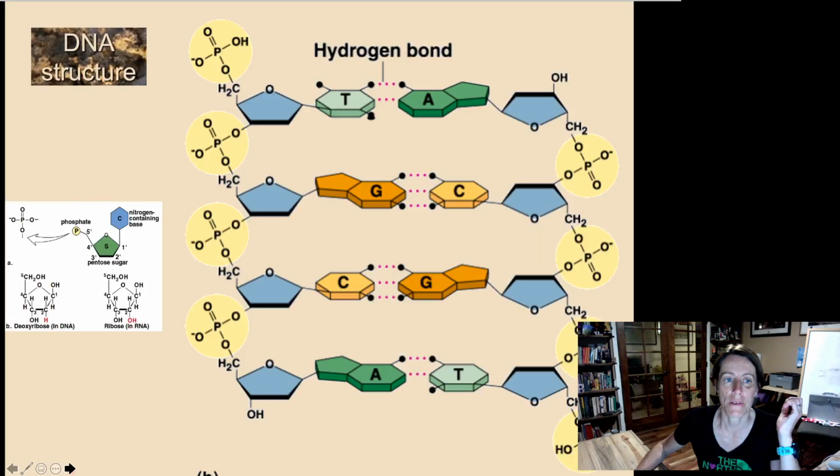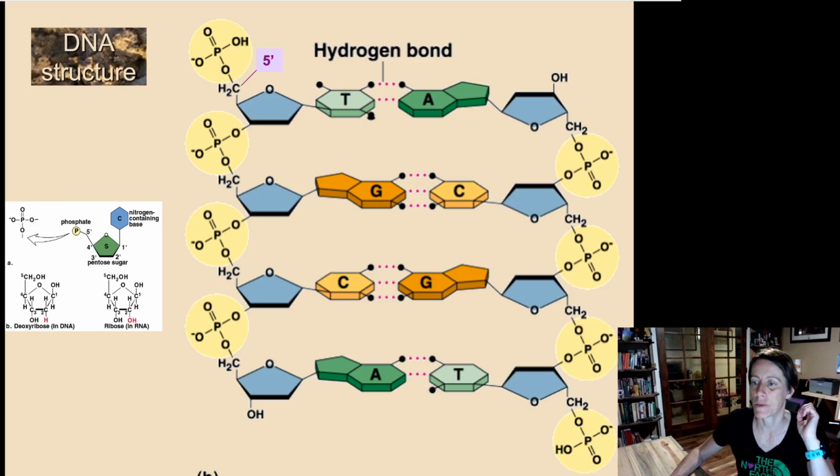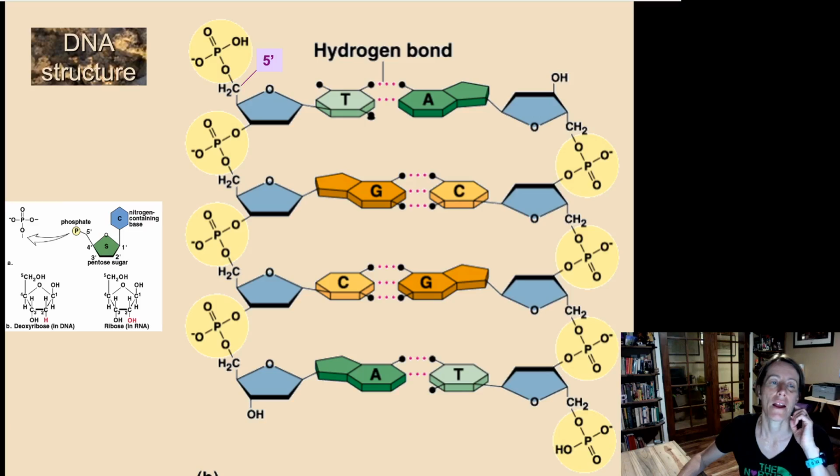If we go to this slide here, we can see, I move myself over. All right, so here once again is our phosphate sugar backbone. Phosphate sugar, phosphate sugar, phosphate sugar, phosphate sugar coming down here. And here are the bases sprouting off from the first carbon, carbon one, of each sugar down here.